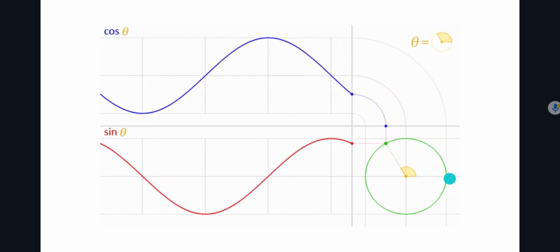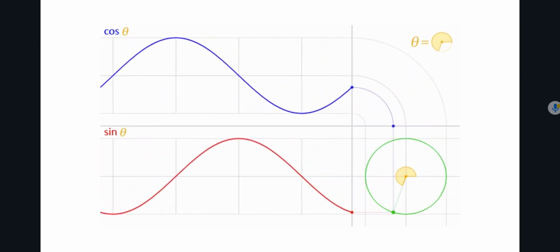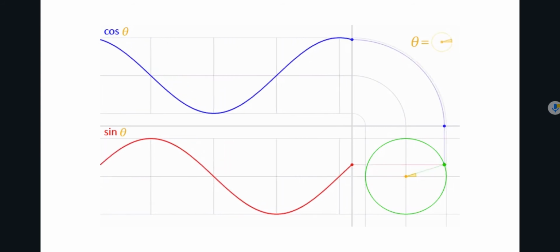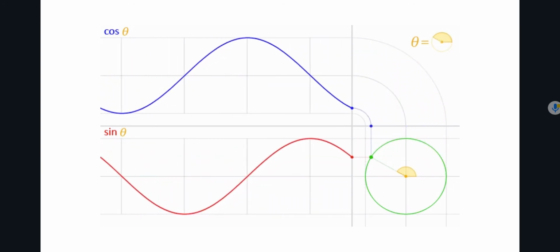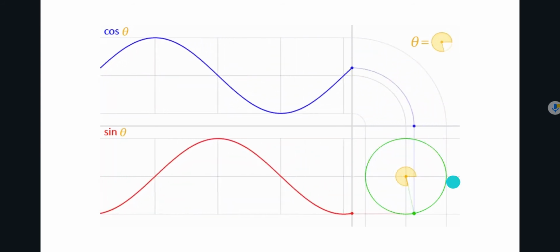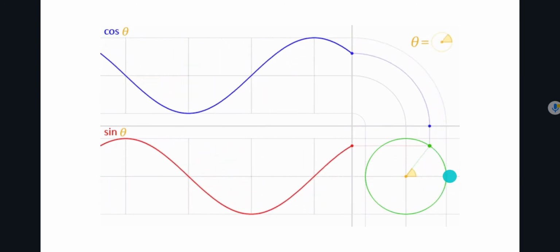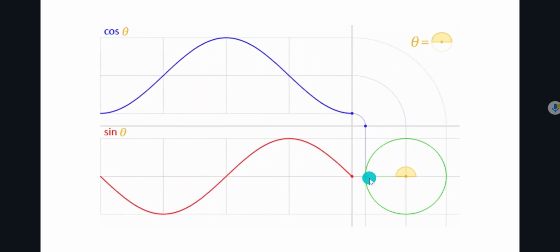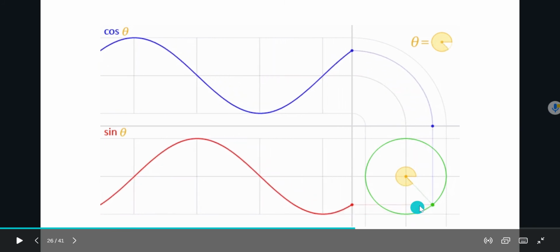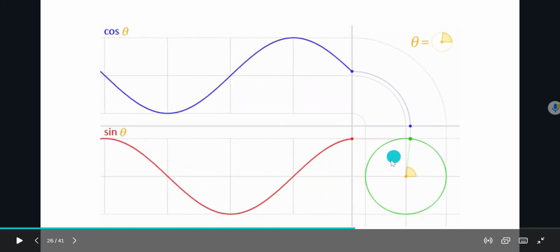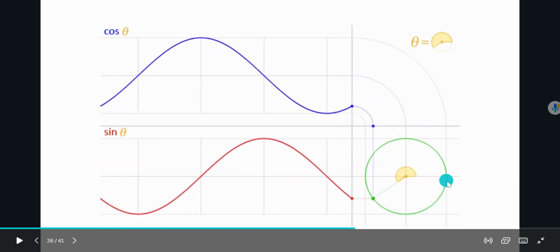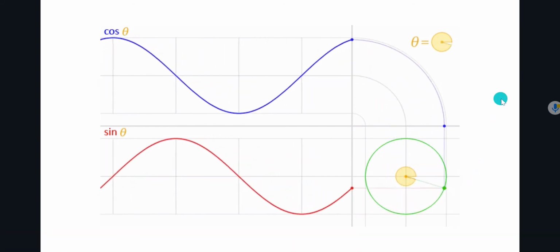And you really don't need to know where this comes from. I just wanted to help you associate degrees with the circle, what's going on with a wave. So here's 0 degrees, 90 degrees, 180, 270, back to 0. So a whole circle is 360 degrees, and therefore a whole wave is 360 degrees.